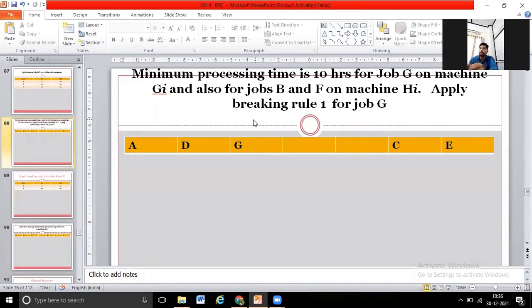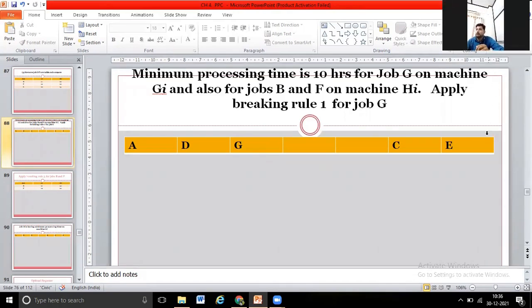Okay, so minimum processing time, you can write minimum processing time is 10 hours for job G on machine GI, and also for jobs B and F on machine HI.